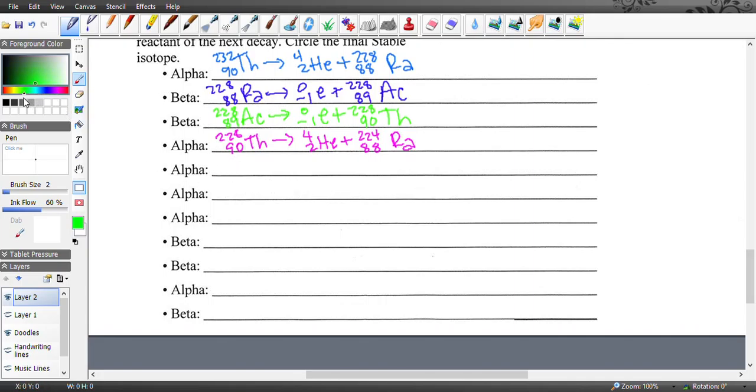Okay, so new color. Another alpha decay, 4 2 He, plus, and that minus that, 220, that minus that, 86, and look that up, it's going to be Rn.